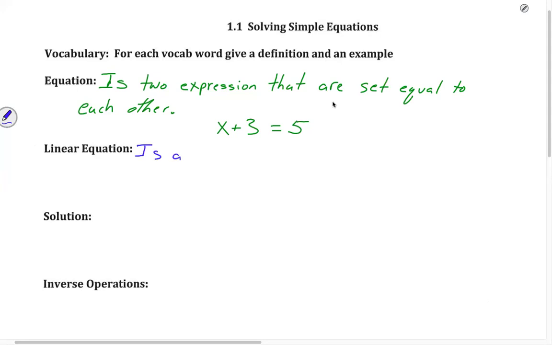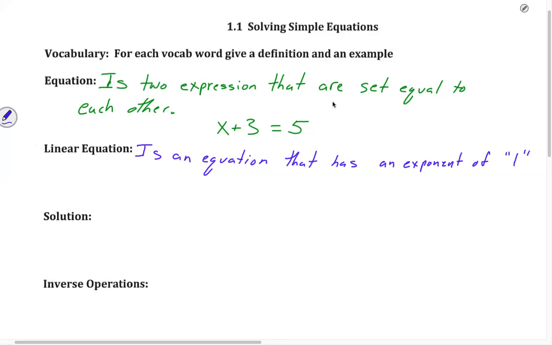Okay? Now, a linear equation is an equation, all right, Ellie, it's an equation that has, how do I want to phrase this? It's an equation that has an exponent of 1.